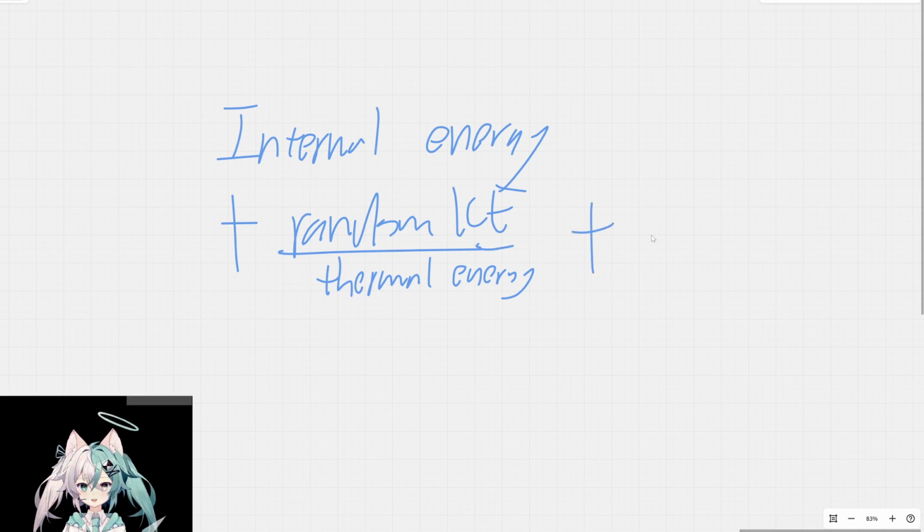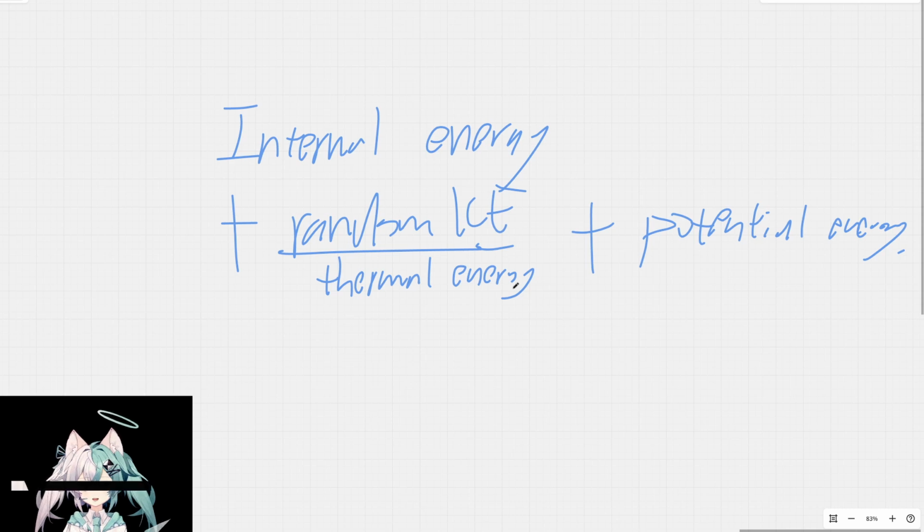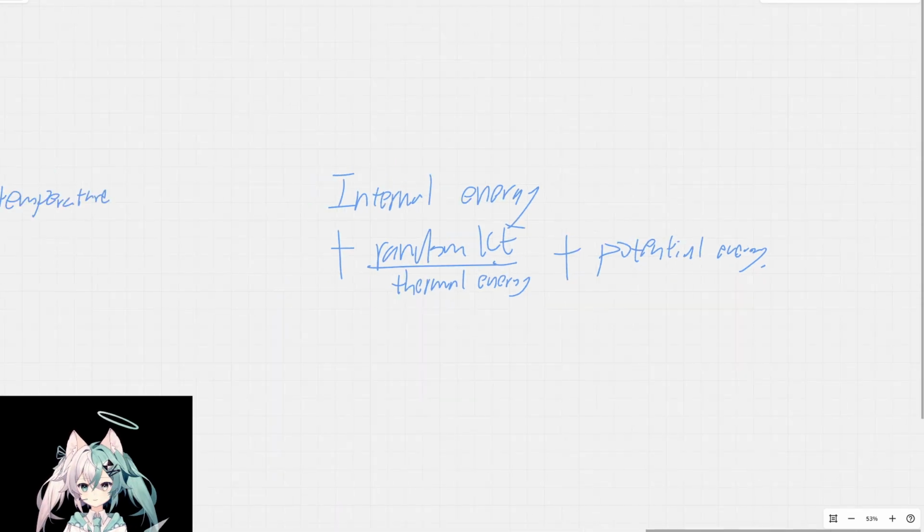And also, what do we have? We also have potential energy. Note that in an ideal gas, potential energy is zero, so you can ignore it. So here's our internal energy.